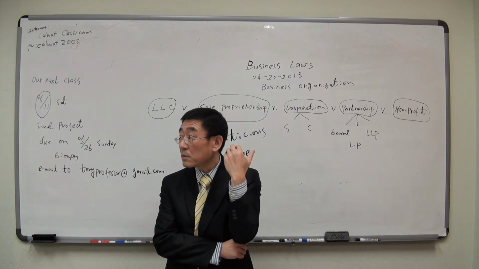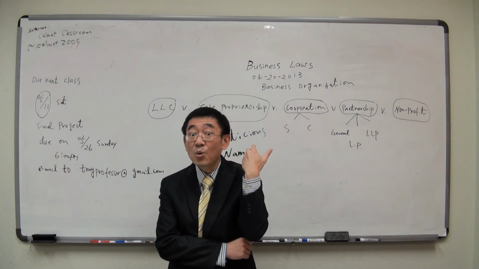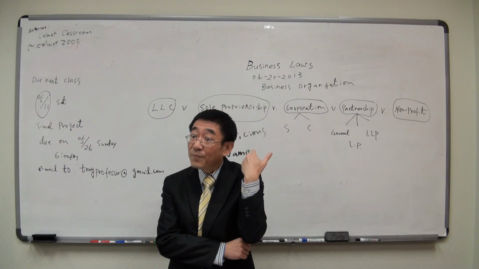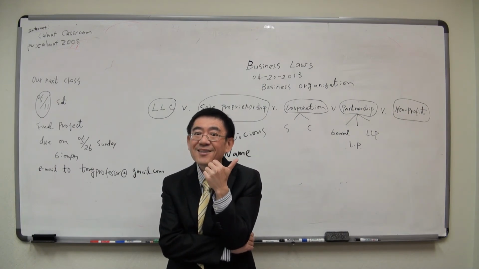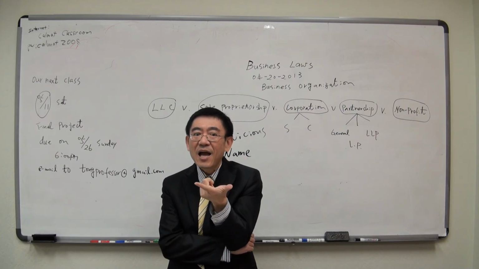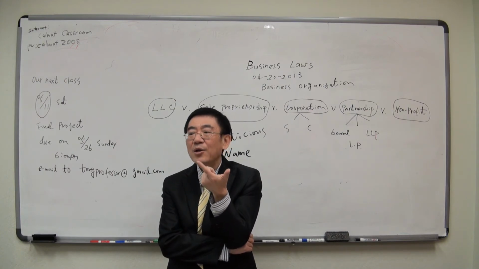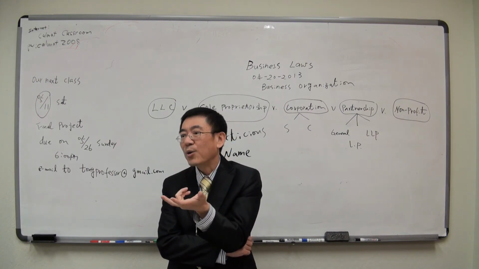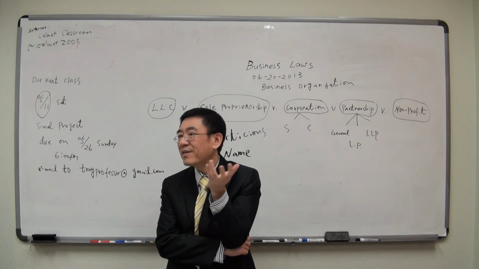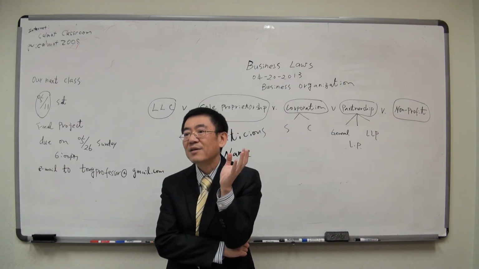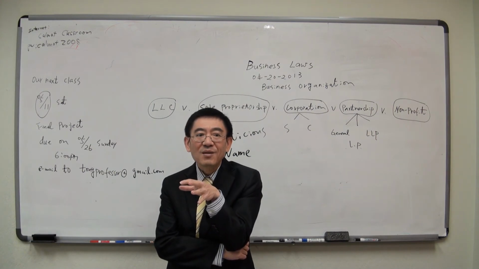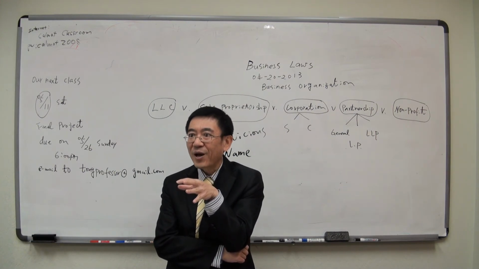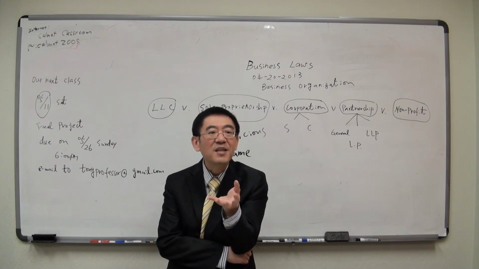So if you're running a sole proprietorship, you're better off if you do not keep a personal checking account, do not have salary income, and do not own any real estate property. You have nothing, you are safe. For this kind of person, you don't have to set up your corporation, because a corporation by yourself is to limit your liability.